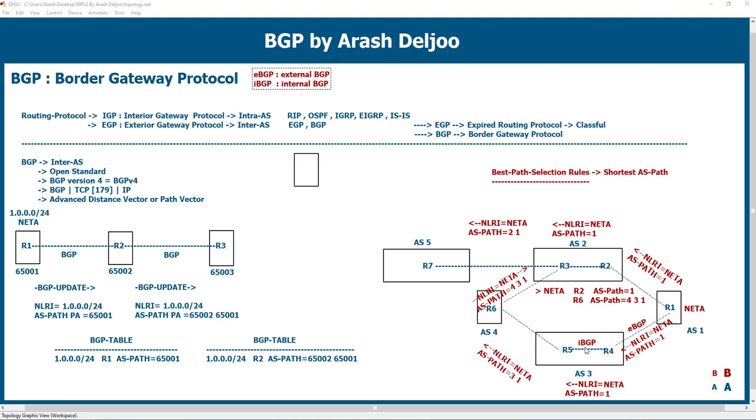BGP can work inside of an AS, but for external networks, it's okay. You can use BGP for advertising external networks between two internal routers. It's okay. We didn't use BGP inside of the AS for advertising internal routes. We use it for advertising external routes, and this is okay.